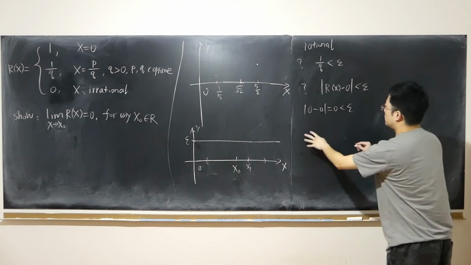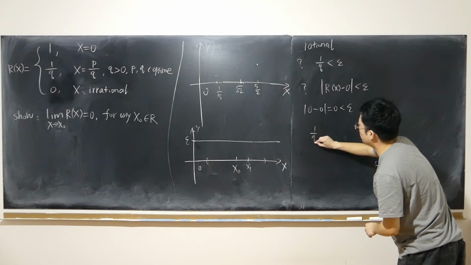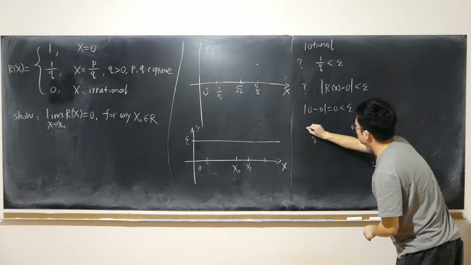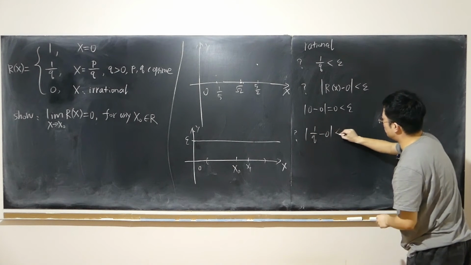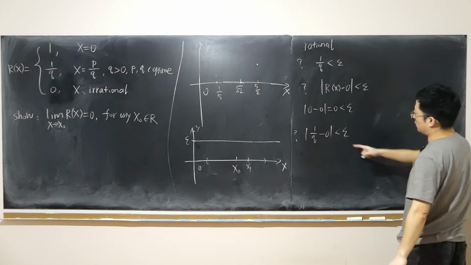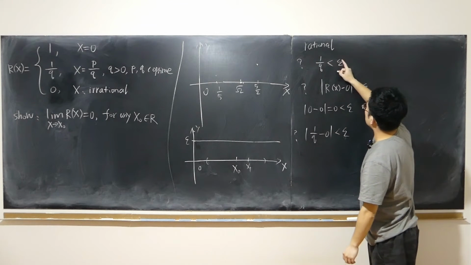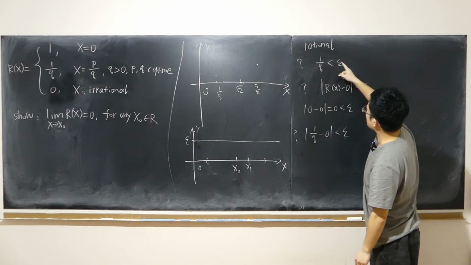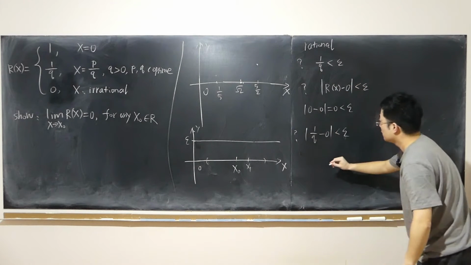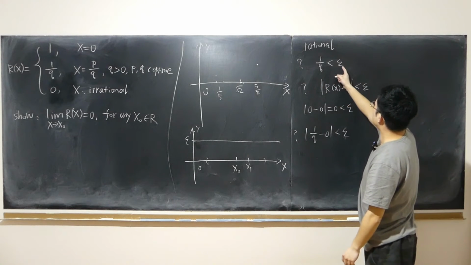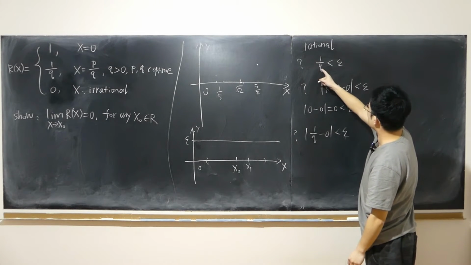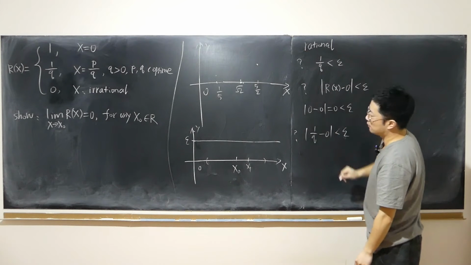So the question becomes: when can 1 over q minus 0 be small enough? In other words, when can this happen? Of course, this happens when q is big enough. Epsilon is small enough means q is big enough, the reciprocal.